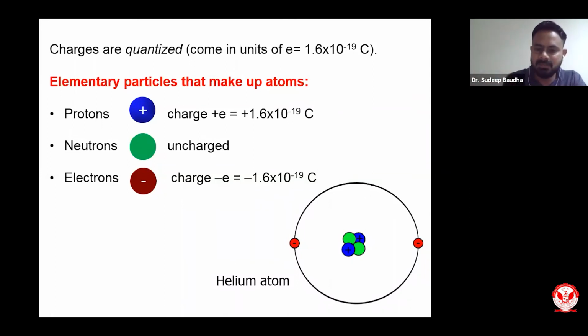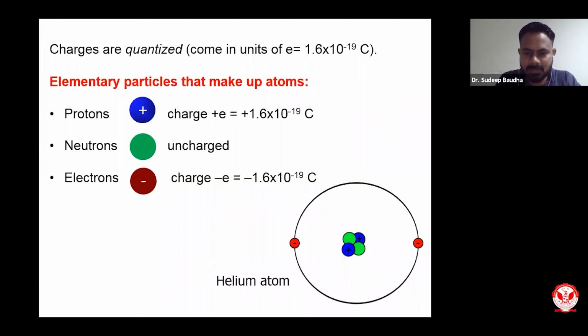Similarly, there are two electrons in an atom of helium, so they will have twice the charge of an electron. If you look at this atom, you can see that the total positive charge is equivalent to the total negative charge. Or we can say that the charge of electrons is equivalent to the charge of protons.